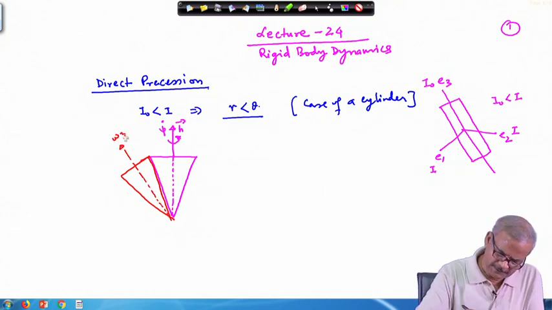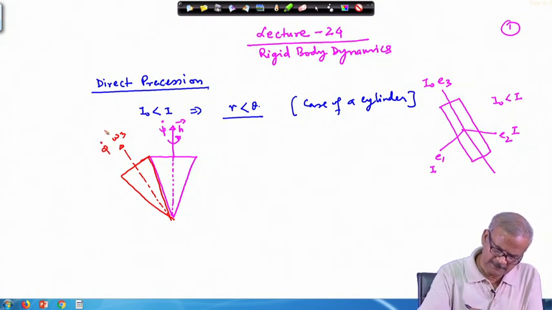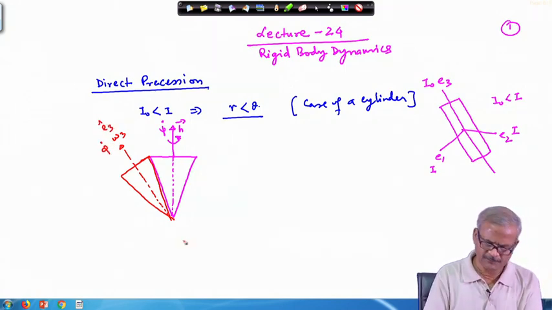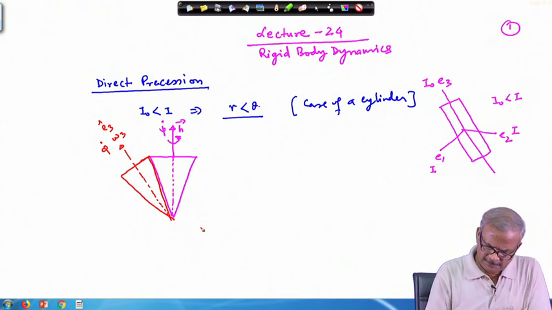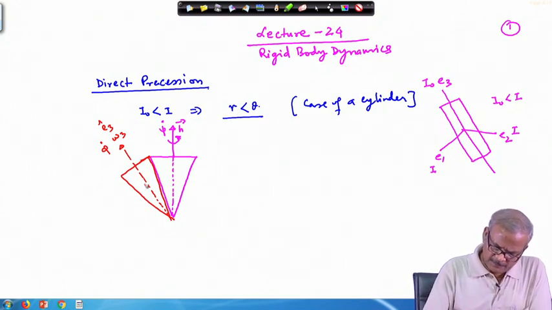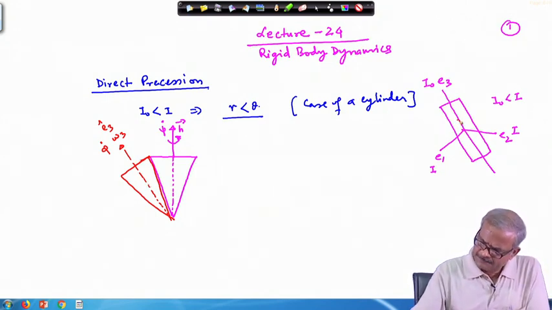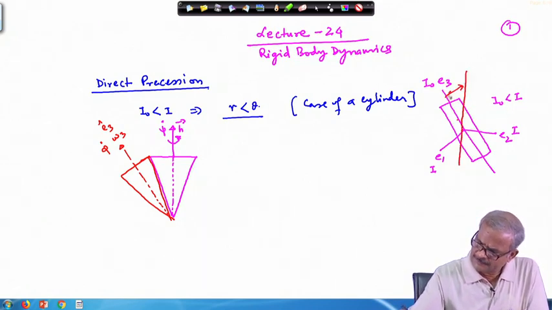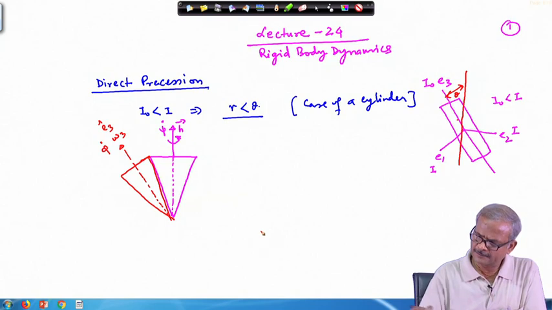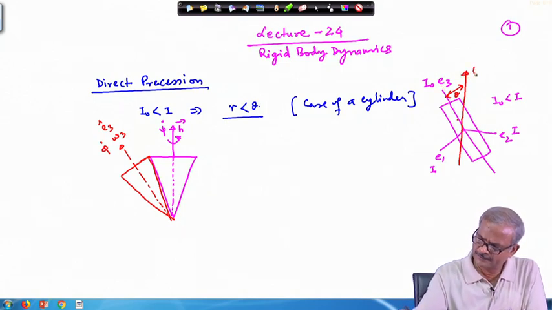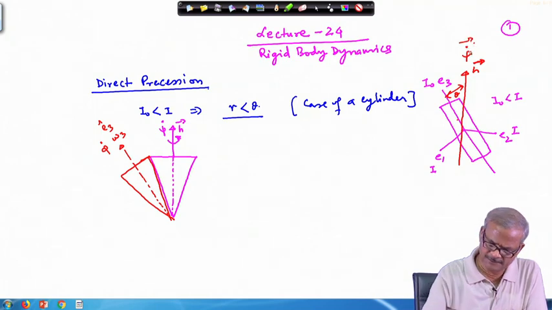So, this is your omega 3, phi dot is along this direction, and E 3 cap we have shown along this direction. Consider this now, if we draw the line here, this is your theta. This is the E 3 direction and this is your H direction, and psi dot also is lying along this direction.